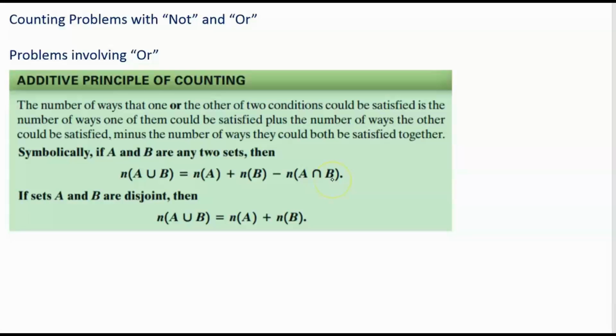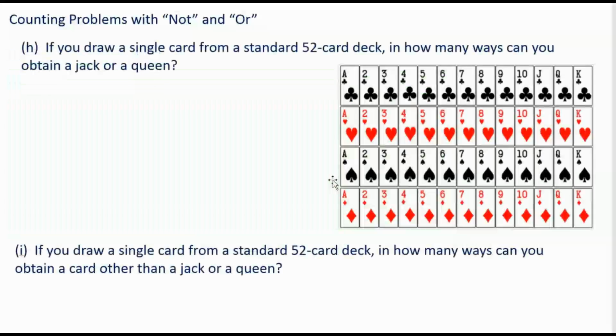Again, just like the NOT principle, I think seeing what's going on here will make this a little bit easier. So let's start right off the bat with a problem. In the first problem, H, if we carry on with the problems that we did in part 1: if you draw a single card from a standard 52 card deck, in how many ways can you obtain a jack or a queen?